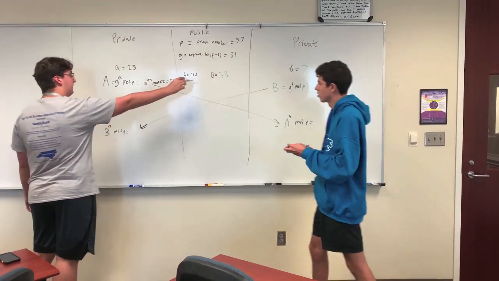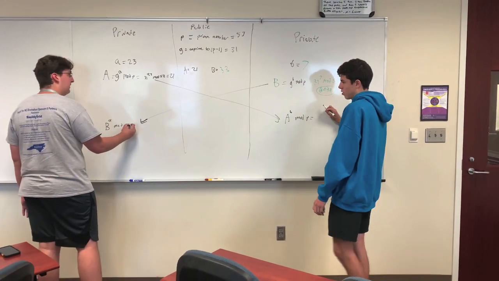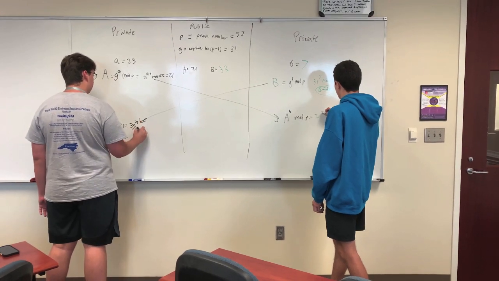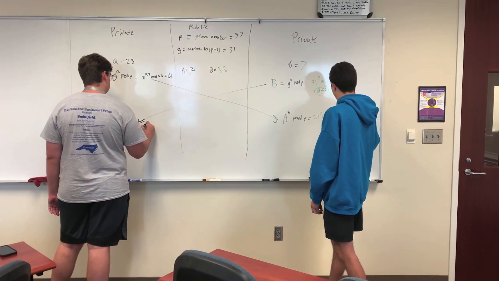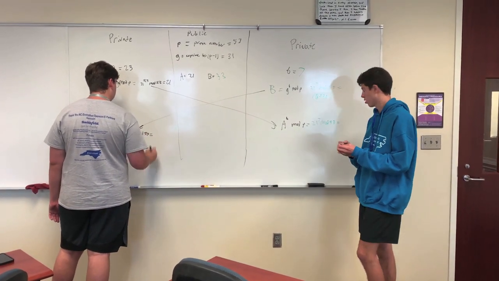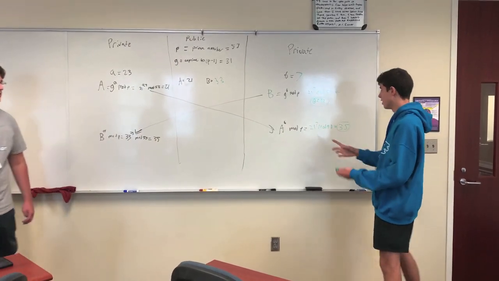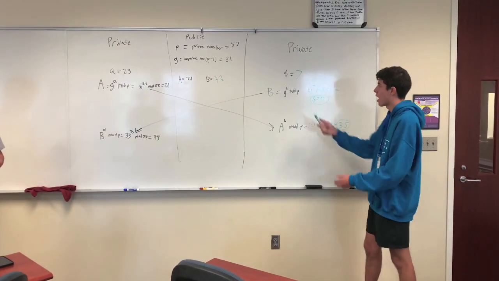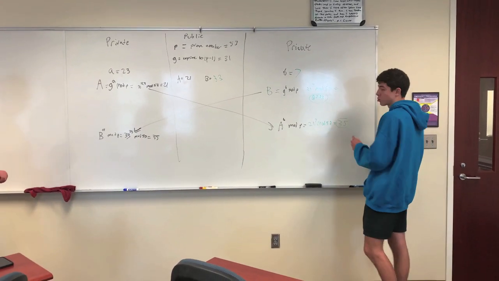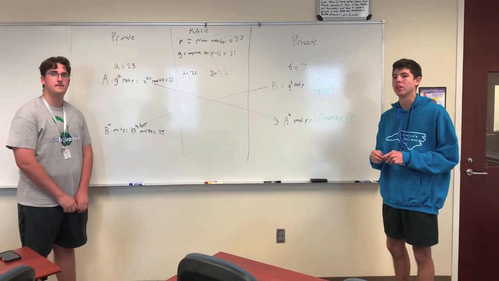So now that I've got his B, which is 33, I take B to the power of A, 23, modulus P, which is 53, and that gives me 35. I did the same thing with his 21 and put it to the power of my lowercase b, and once again modulus 53, and I also got 35, thus showing that we have the same number and we can securely trade off keys.